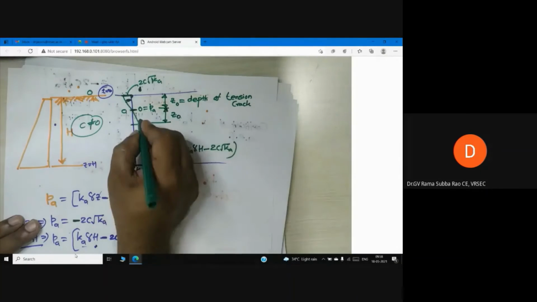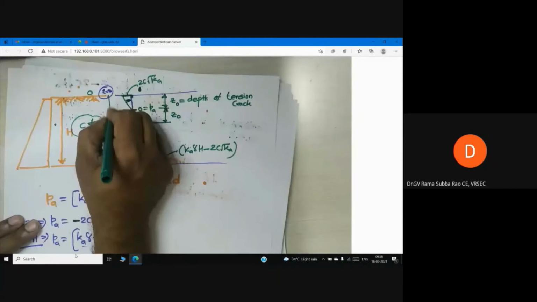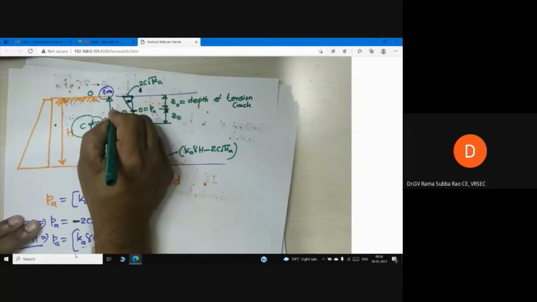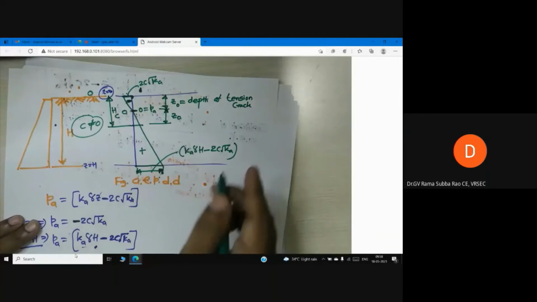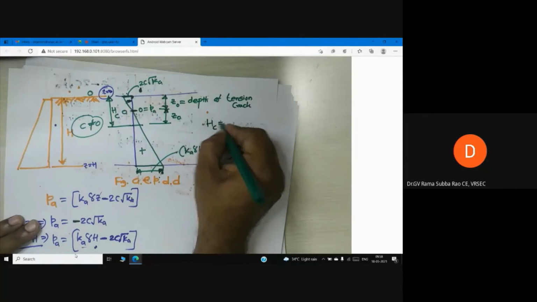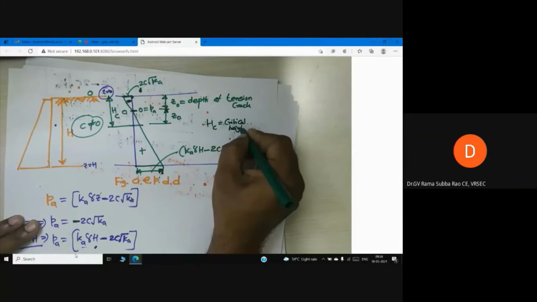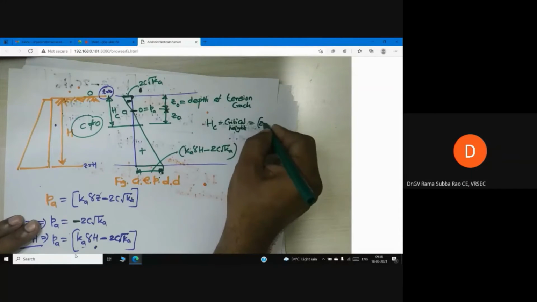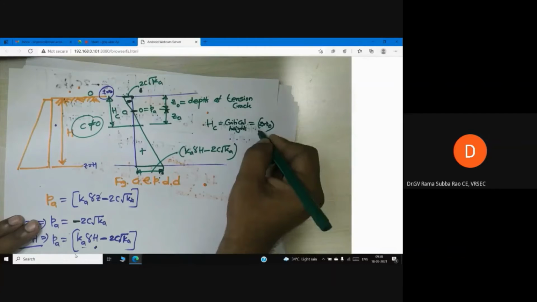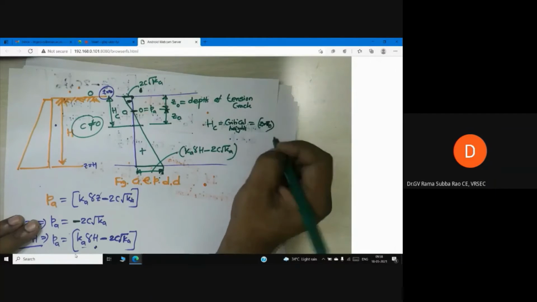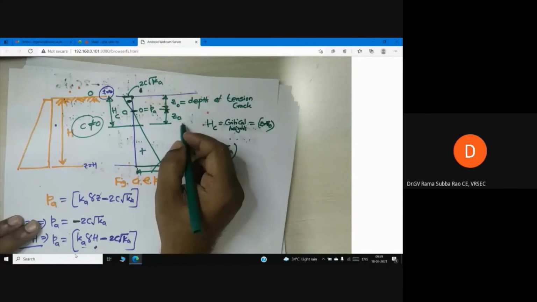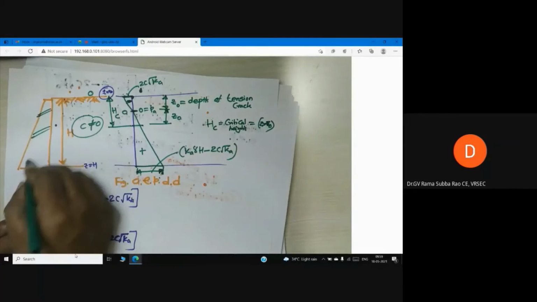So this we call the critical height, HC. HC is the critical height, which is equal to 2 times Z0.